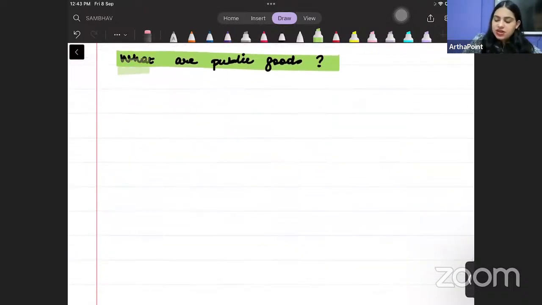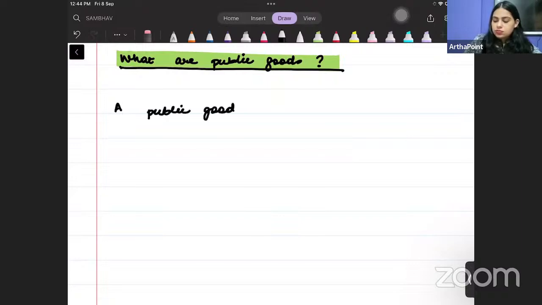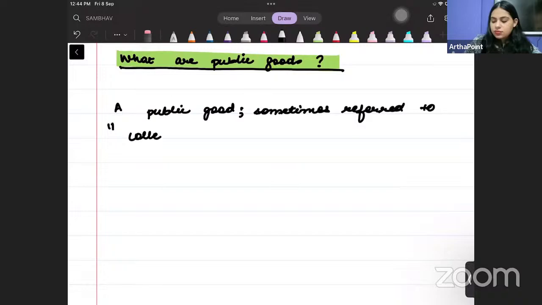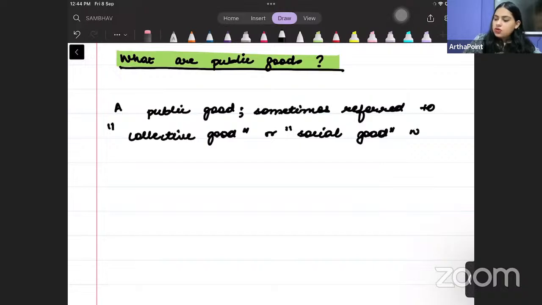Beta, topic number 1, please write it with me. What are public goods? So write: a public good, sometimes referred to as a collective good or social good, was defined by Samuelson.